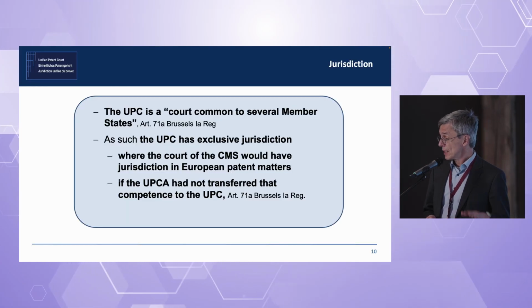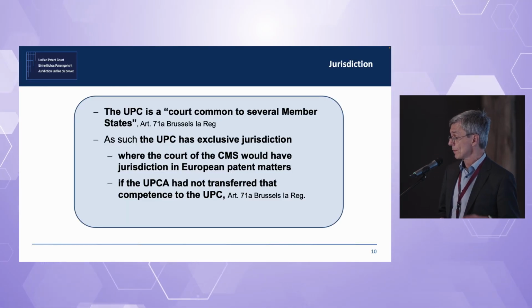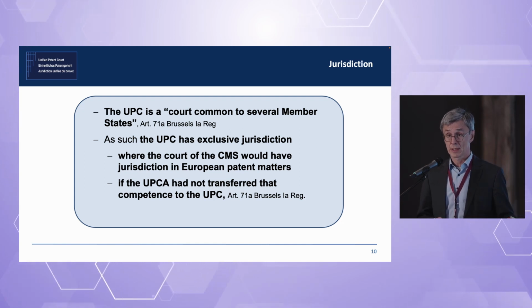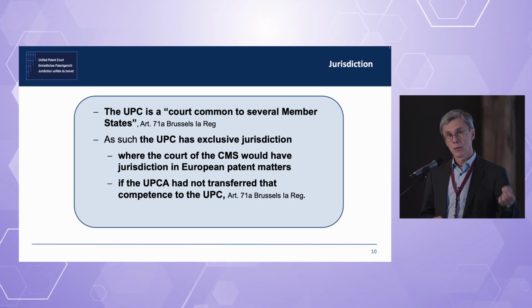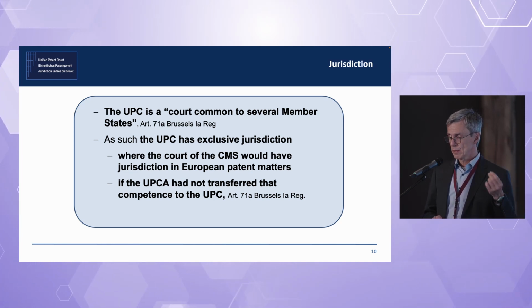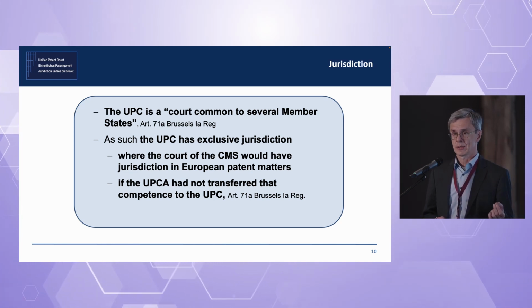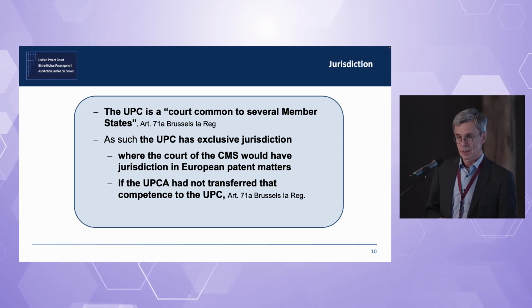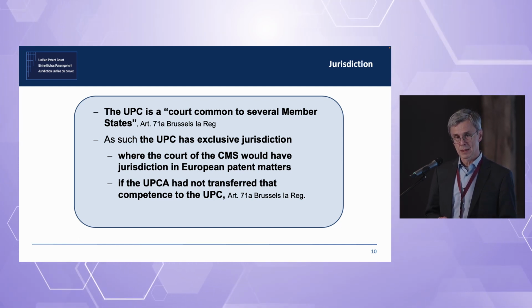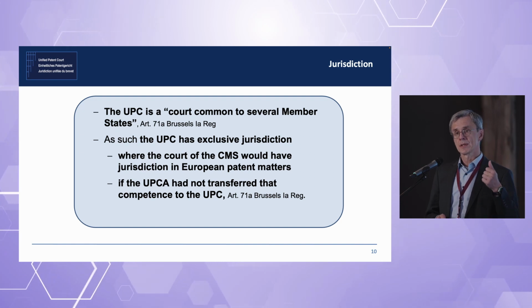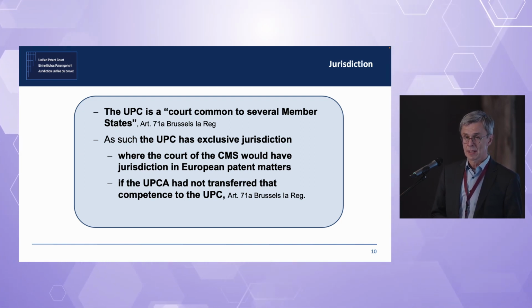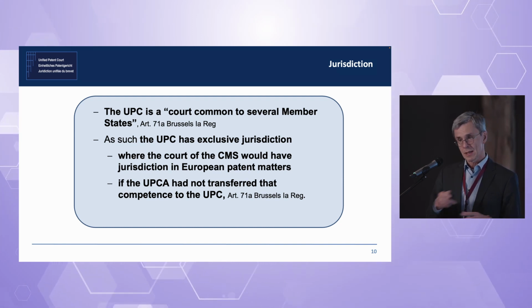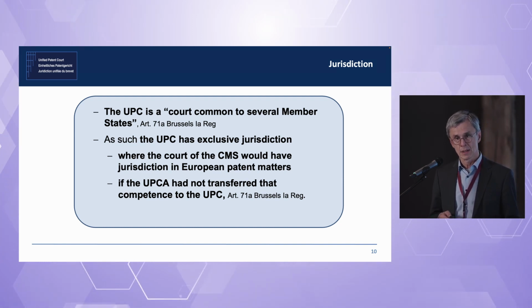Now the idea is the UPC is a common court of the contracting member states. And it steps in where before the national court had jurisdiction. So when it's about the infringement of a European patent, German part, it was the German courts who had jurisdiction. Now it is the UPC who steps in. And the same with regard to France, and I could now count all the 17 contracting member states.